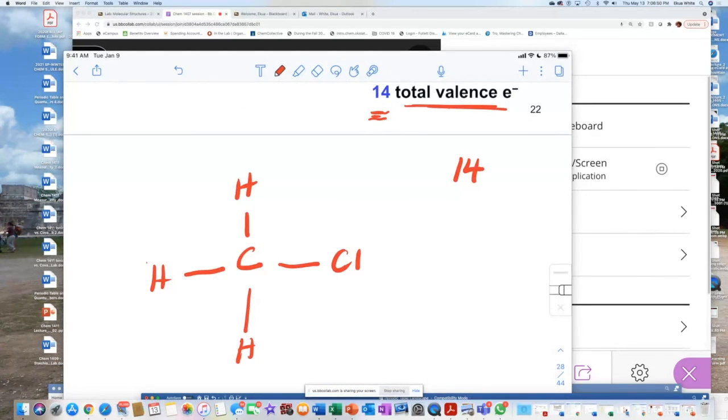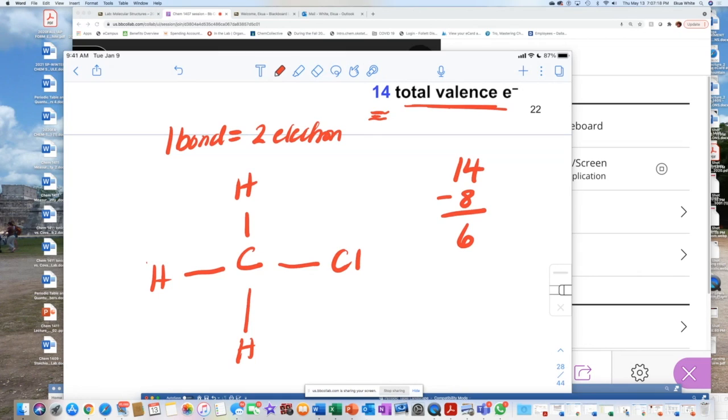I just made 4 single bonds. Remember, one bond is made up of 2 electrons. So of the 4 bonds I made, I essentially used up 8 electrons. So from the 14, I used up 8 electrons and I'm left with 6. Okay, the next step is to make sure the outer atom that is not hydrogen has an octet of electrons.